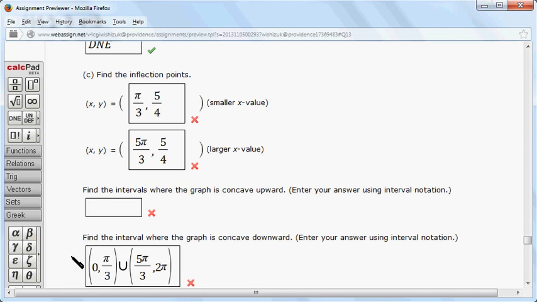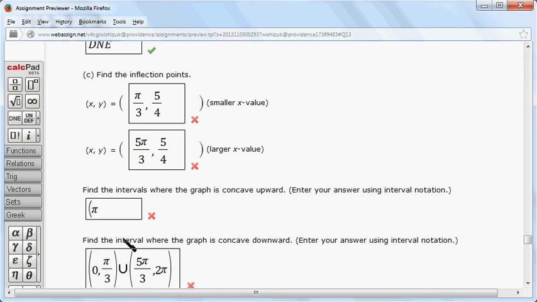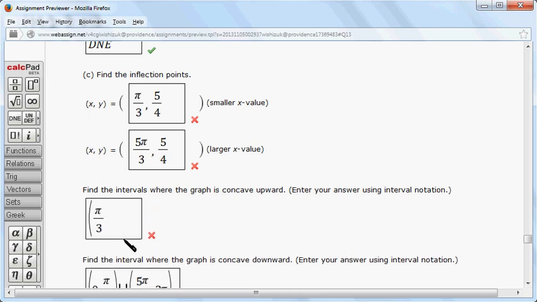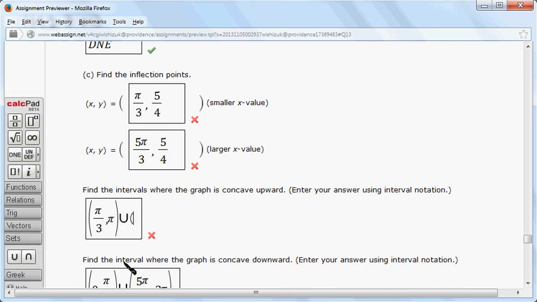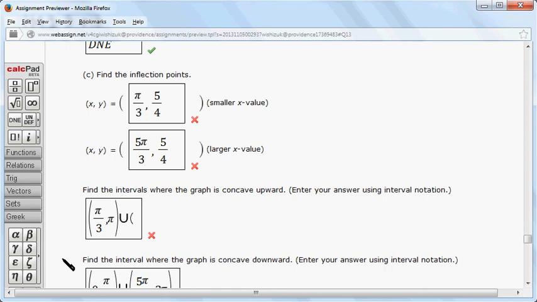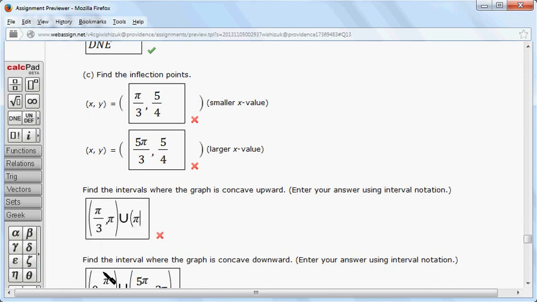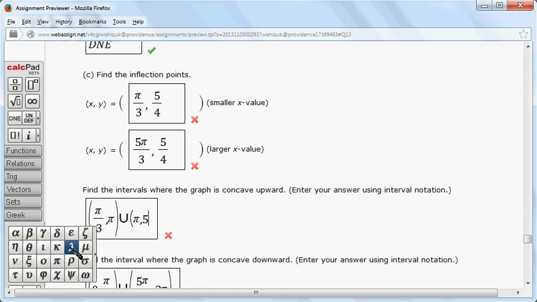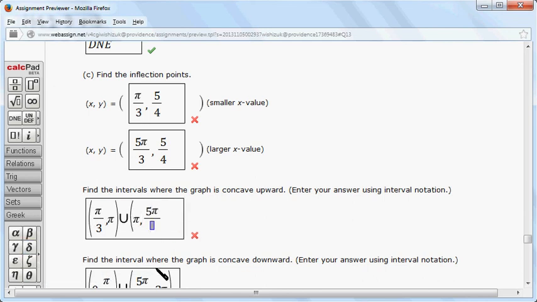And here you would have pi over 3 to pi, and then take the union, and the pi to 5 pi over 3.